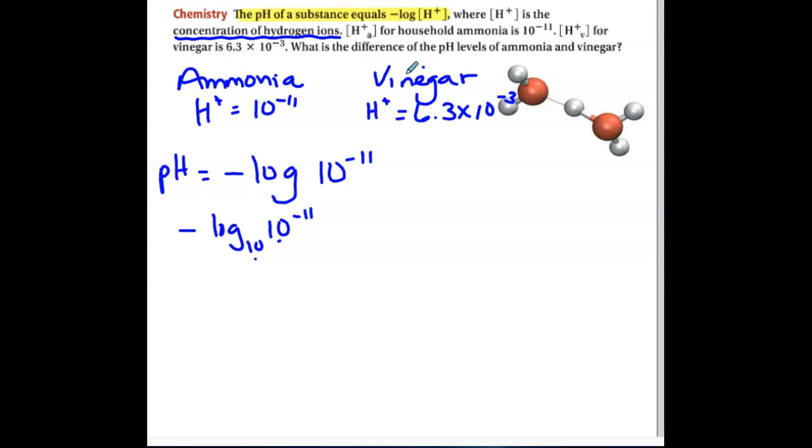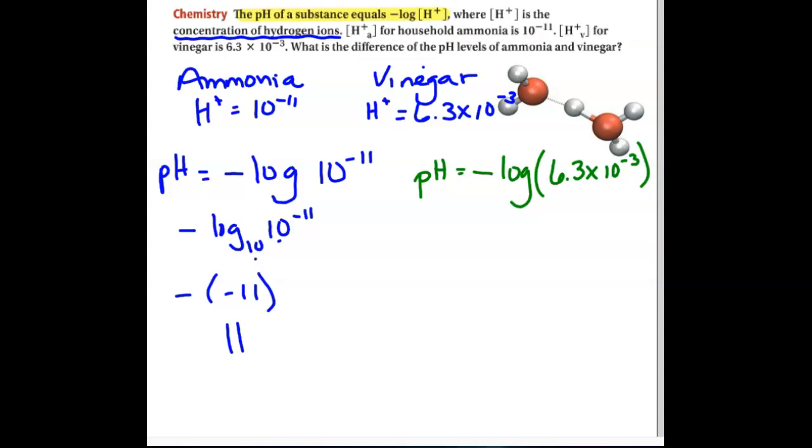Since our bases are the same, this part is just going to be negative 11. The opposite of that would be positive 11. For vinegar, though, since we have that 6.3 in there, we're not going to be able to do this by hand. Our pH would be the opposite of the log of 6.3 times 10 to the negative 3. So go ahead and type that in your calculator, and then turn the video back on when you have your answer.